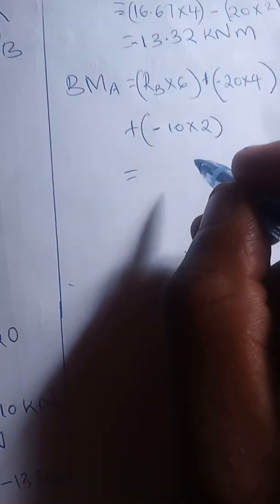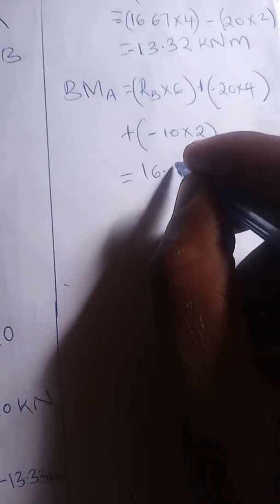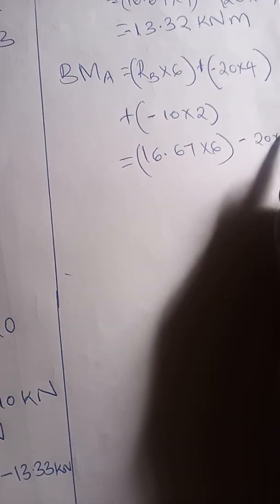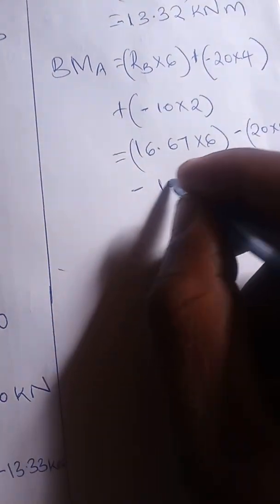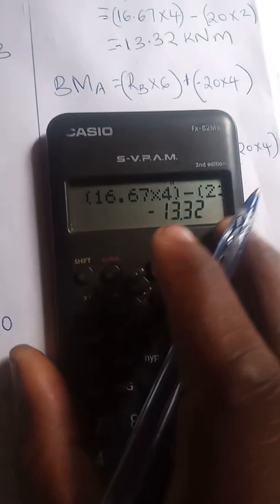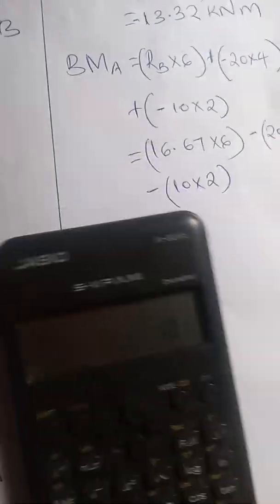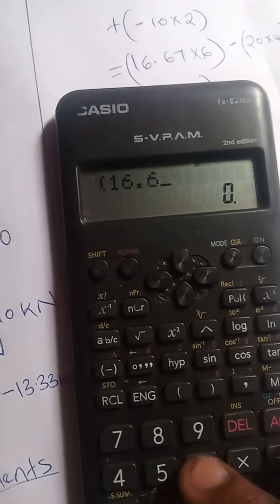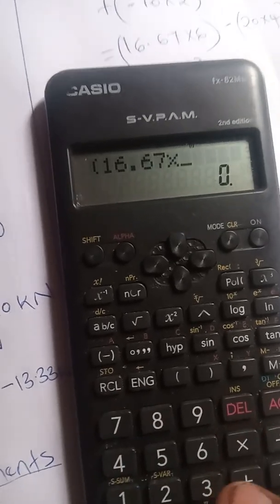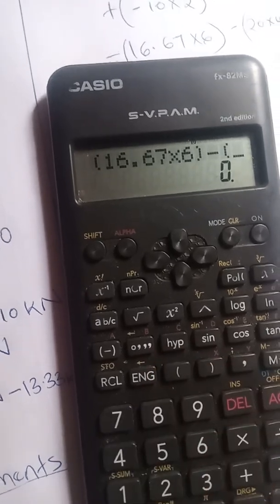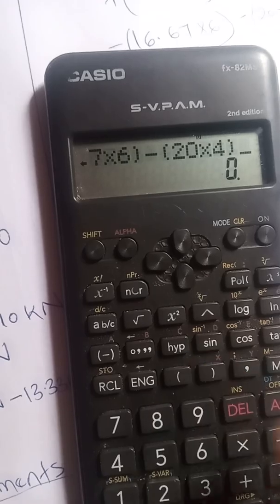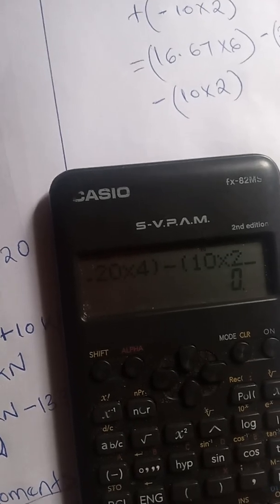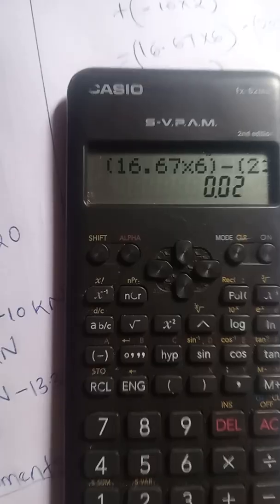So RB is 16.67 times 6, close the bracket, minus 20 times 4, close the bracket, minus 10 times 2, close the bracket, is equal to 0.